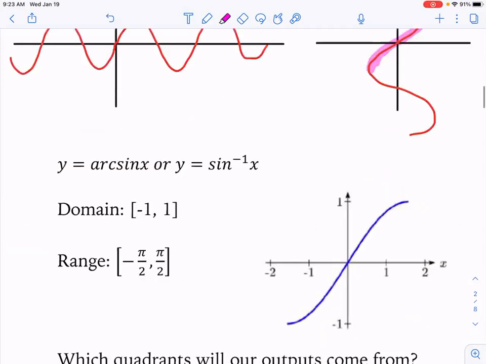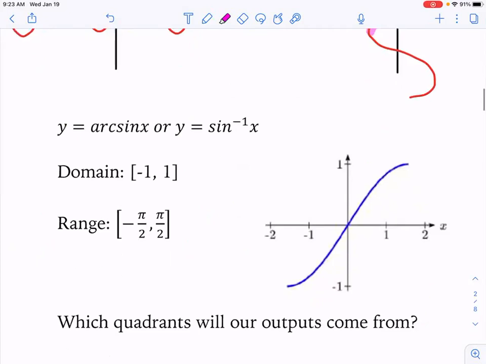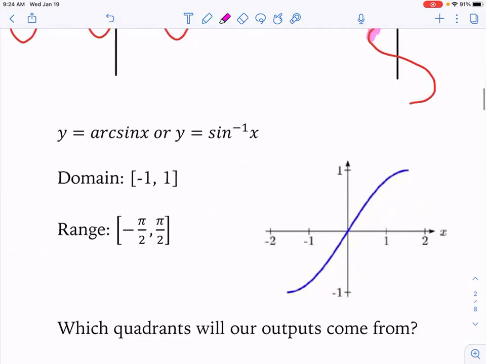Okay, and this is what I want you to write down about the inverse sine function. The inverse sine function has a domain of -1 to 1, a range of -pi/2 to pi/2. And notice we have two different notations, arc sine of x and sine inverse. Those mean the same thing. I don't really care about the graph.